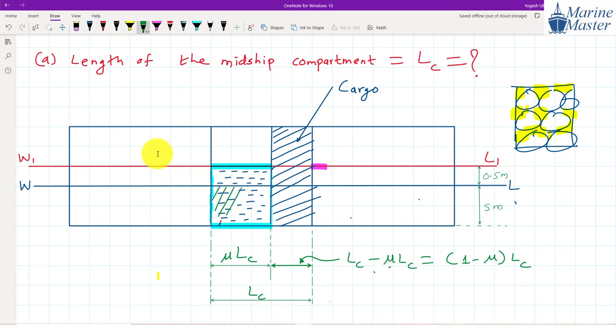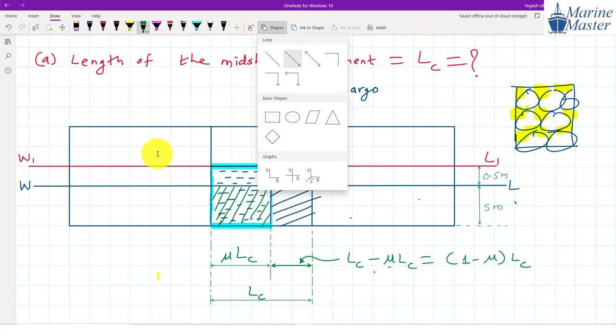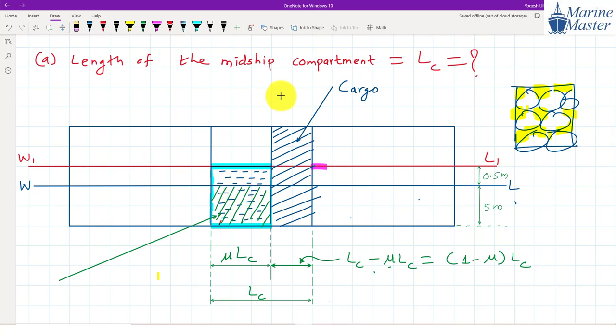This will be what? Buoyancy lost, everyone. Loss in buoyancy. That I am marking in red. Earlier this portion was not contributing to the buoyancy. What will this portion be, guys, everyone?